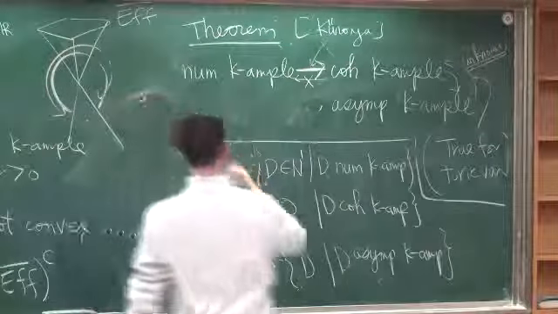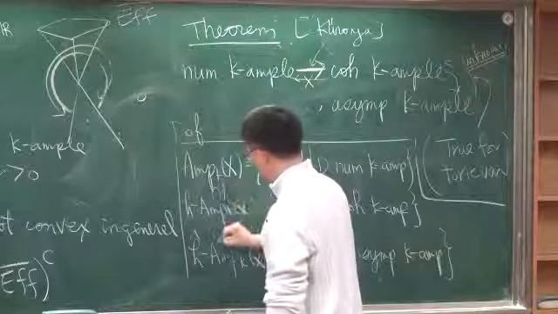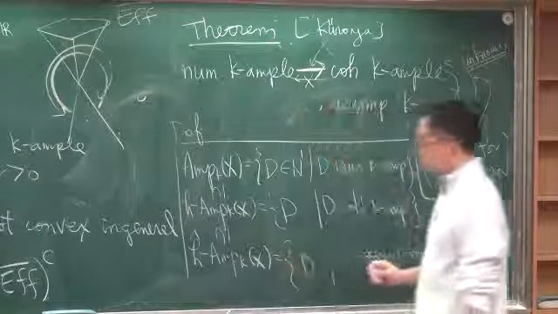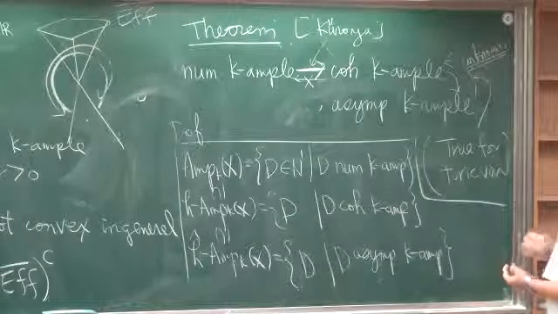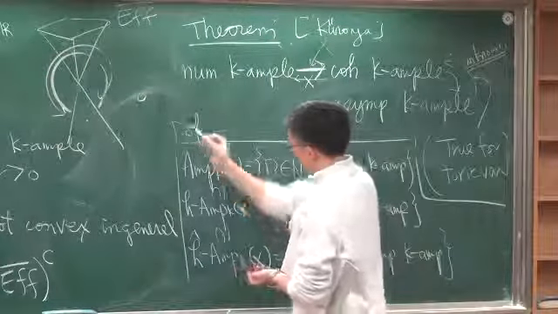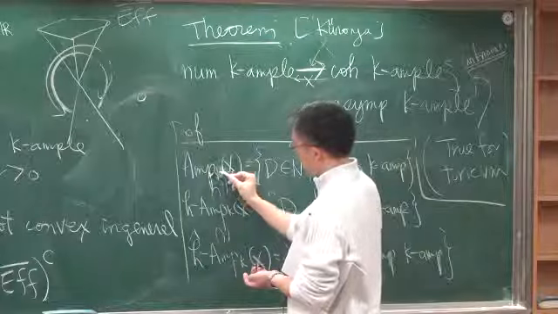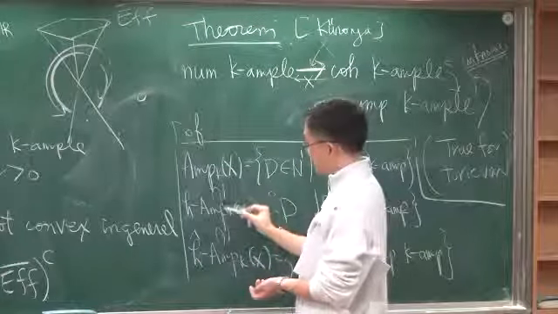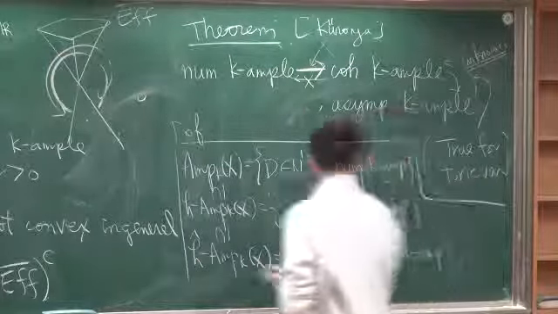And by this theorem, this cone is contained in here and this cone is contained in here. And as I said, if K is 0, it's the usual ample cone.